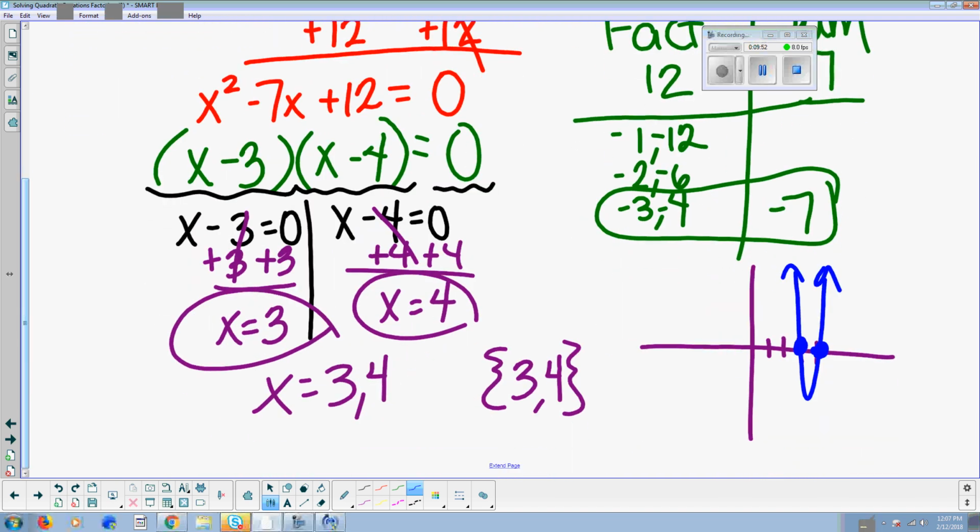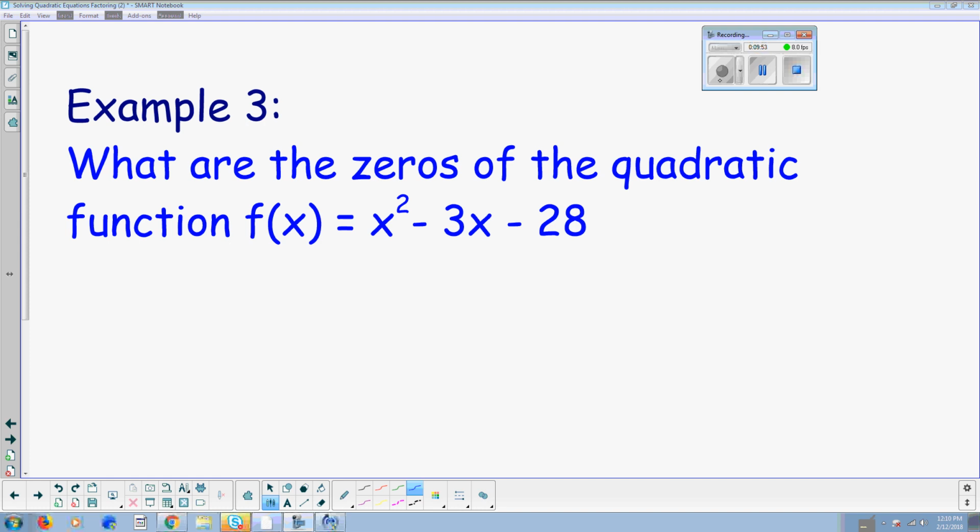So in example 3, what are the zeros of the quadratic function? This puts our quadratic equation in function notation when we use f of x, but I don't want you to be intimidated by that. When you see an f of x, it's really just a fancy way to say y.